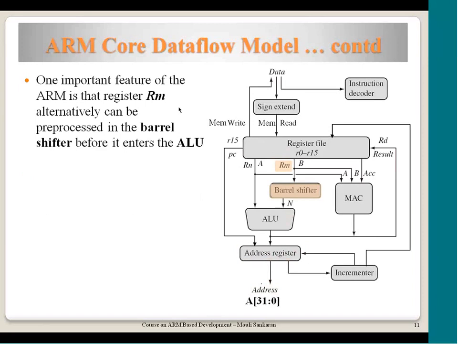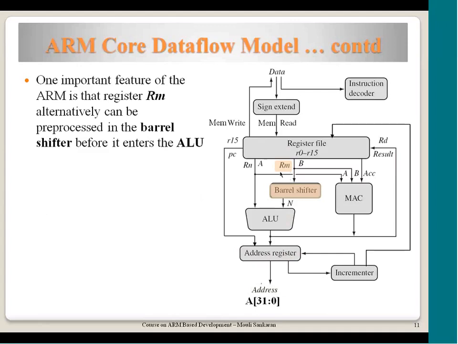Now another important feature is the barrel shifter. I told you that during the data processing instruction there are 2 operands read from the register file. Now the second operand is called RM. So this is a convention followed.